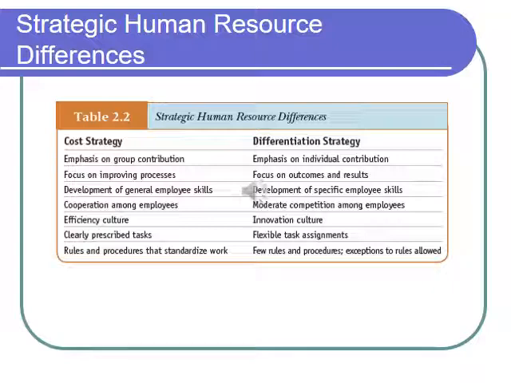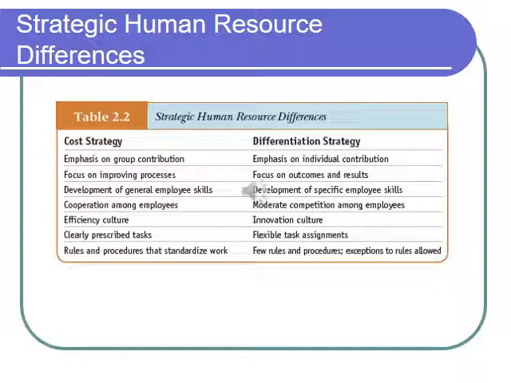So if you have cost strategy, again, you focus on efficiency. You have an efficiency culture. While if you have differentiation, you have an innovation culture. In cost strategy, you focus on clearly prescribed tasks and try to have standardized work procedures.